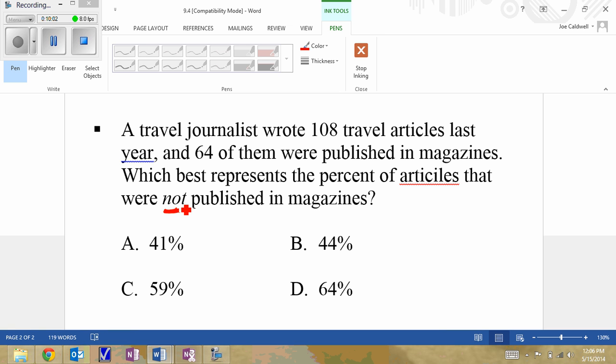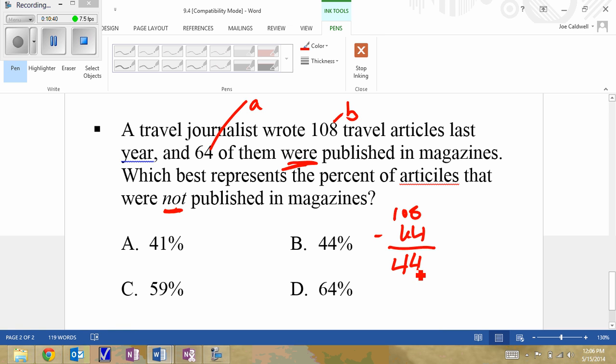Okay, and so if we plug, this would represent our whole value, this would represent our part, all right, of ones that were published. So there's a couple ways of going about doing this actually. We could figure out how many were not. So if 108 total magazines and 64 were published, to find out the ones that were not published, you could subtract 108 and 64, and that would give you 44 that were not published.